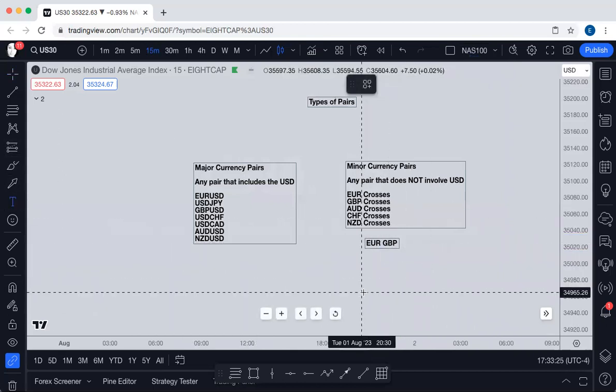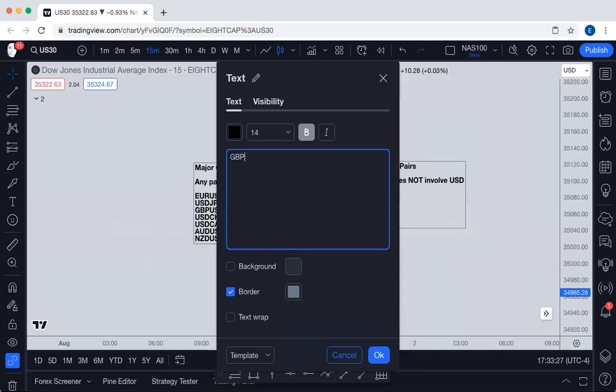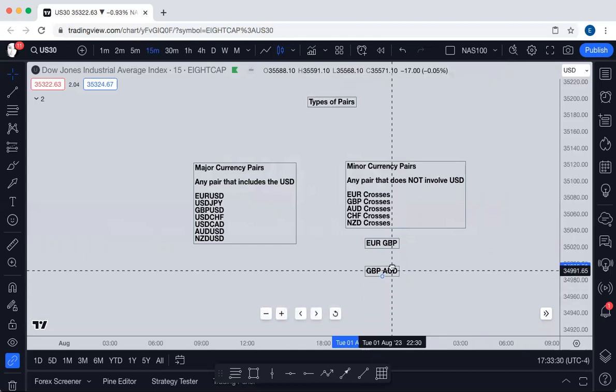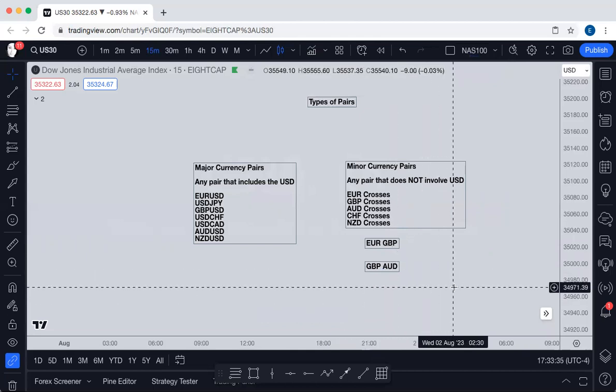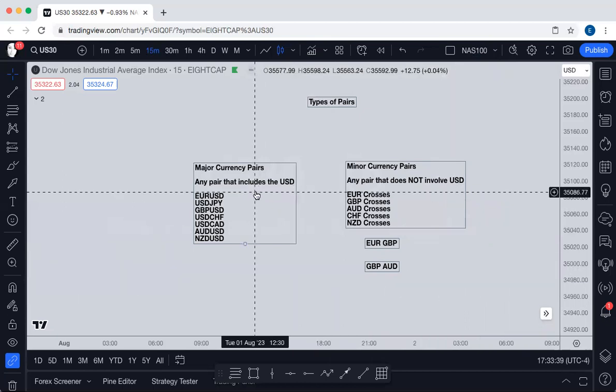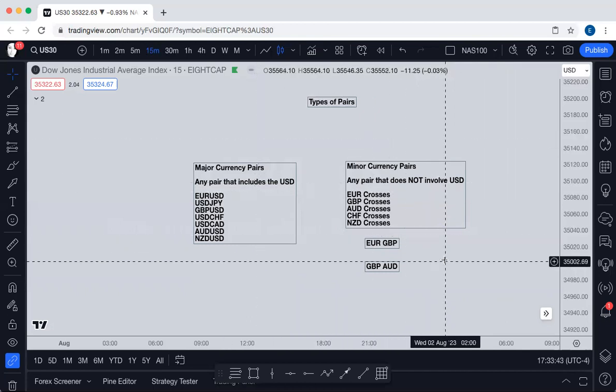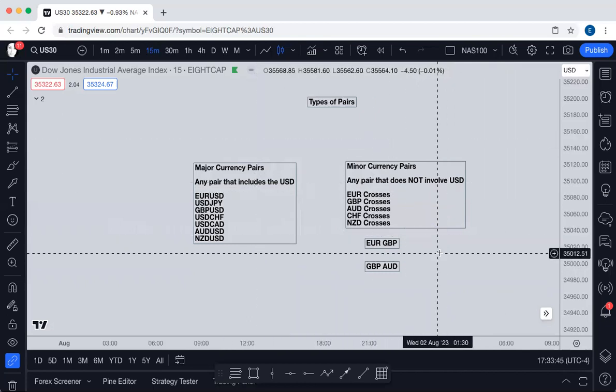What else? You could have GBP AUD, right? Because neither of those is the US dollar. So I hope that makes sense for you guys. It's super simple. Don't overthink it. Major currency pair, any pair that includes the US dollar. Your minor currency pairs are going to be your crosses. They do not have the US dollar.